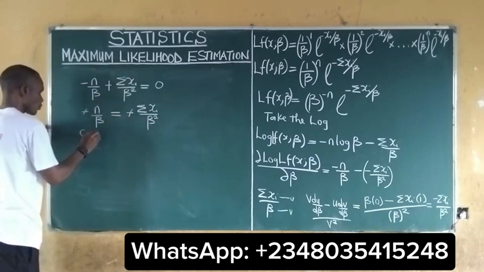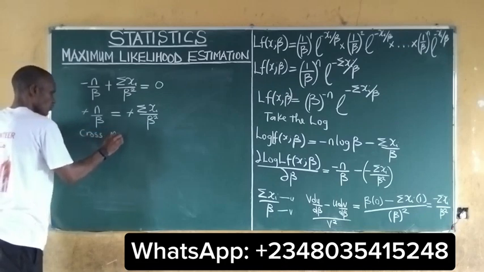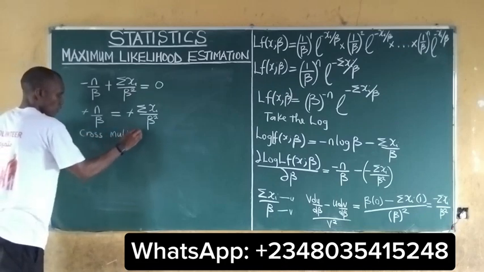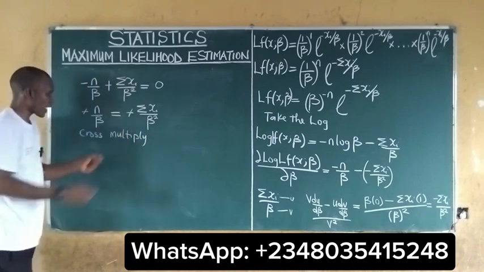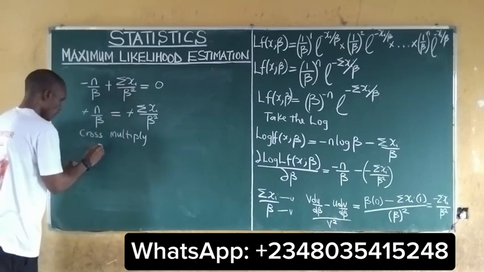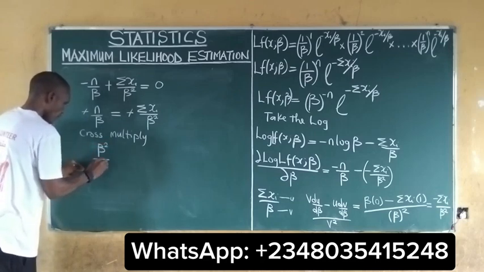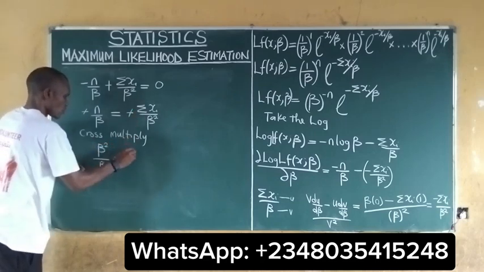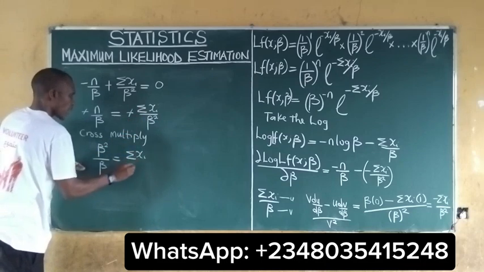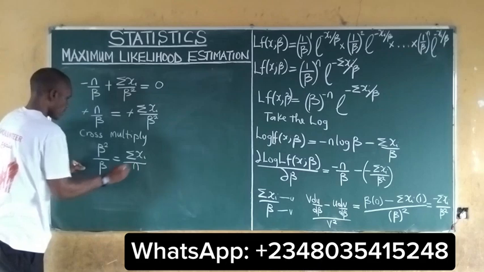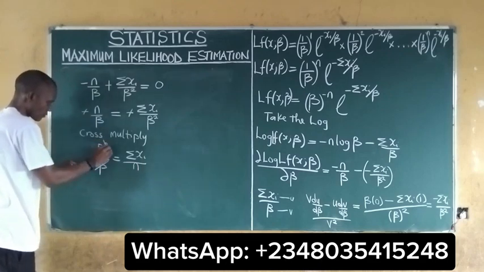The next thing we do is cross multiply. If we cross multiply, this will go here to give us beta squared all over beta to be equal to summation of xi all over n. Of course, this can cancel this.